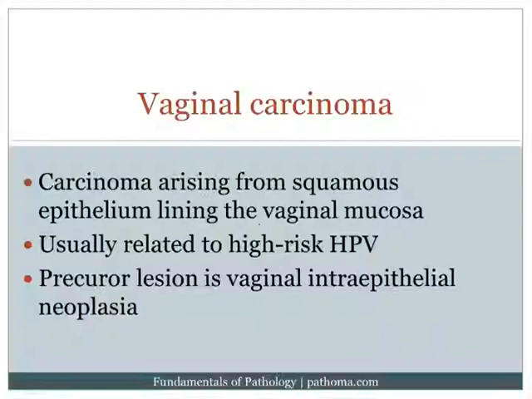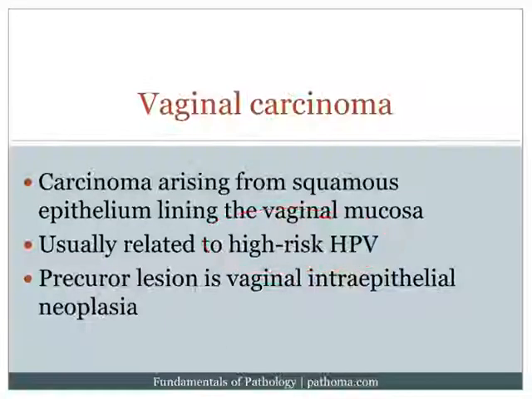And so these are some important features of rhabdomyosarcoma that we should be aware of. The final disorder that we're going to talk about is vaginal carcinoma. Vaginal carcinoma is a carcinoma that arises from the squamous epithelium that lines the vaginal mucosa. I've already told you that the entire vaginal mucosa is lined by squamous epithelium. This tumor is classically related to high-risk HPV, so you're thinking about HPV 16, 18, 31, and 33.